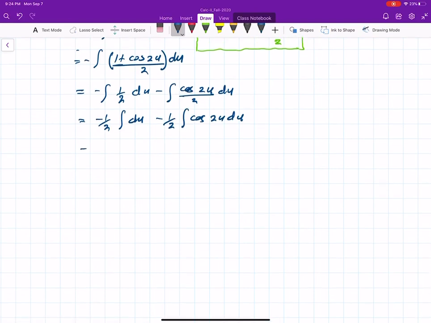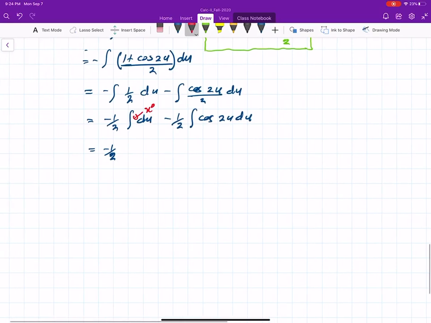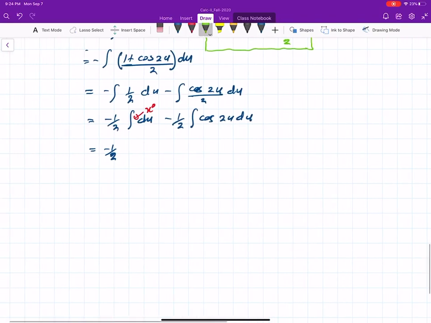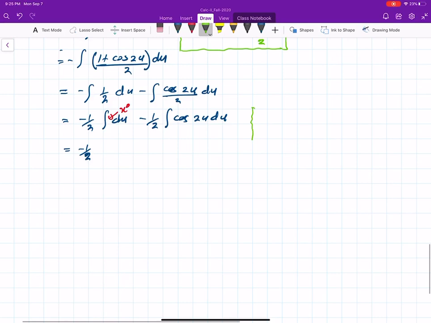Okay, so go forward, and here you write minus half. How to integrate that? It's very easy. That's the power rule for integration. Actually, what you have here is u to the power 0. If you can remember the power rule for integration, I already wrote this above this formula, above this note.